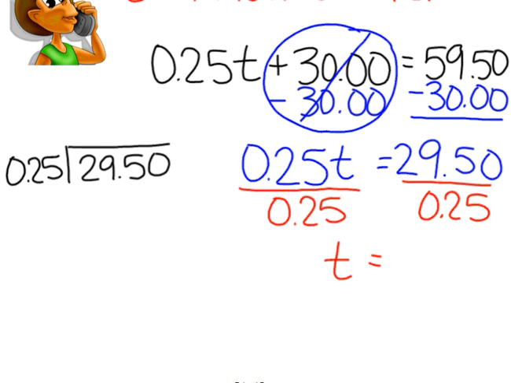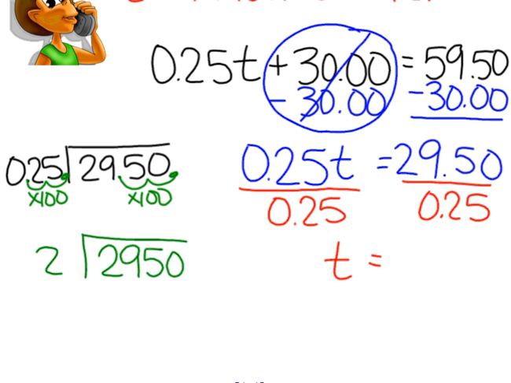So again, we want the number on the outside to be a whole number. So I'm going to multiply both of these by 100 so that I get 2,950 divided by 25. And then we'll do long division. 25 goes into 29 once. 25 goes into 45 once.